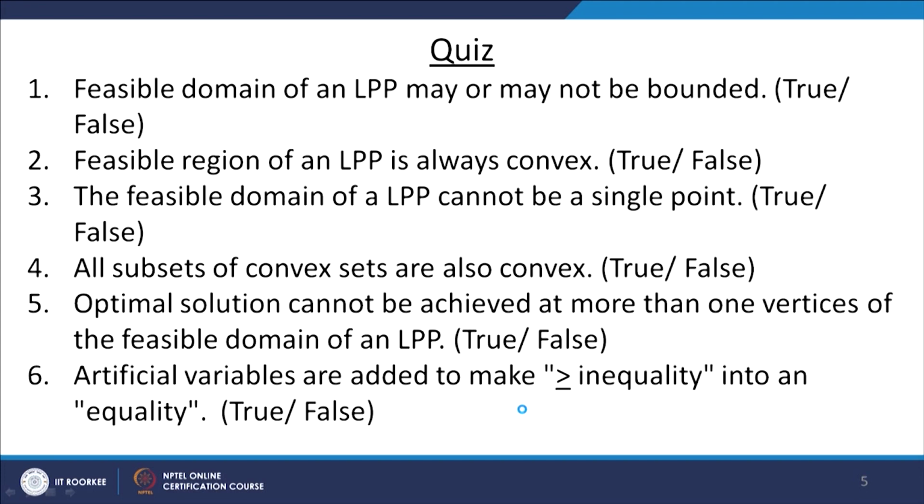Question number 1: The feasible domain of an LPP may or may not be a bounded set. True or false? Please write down the answer in your notebooks. The feasible domain of an LPP may or may not be a bounded set. True or false?